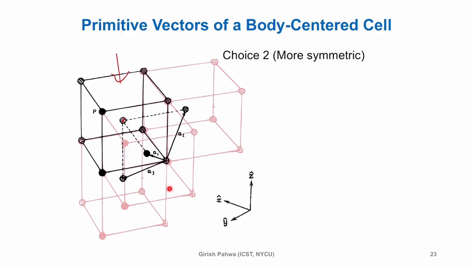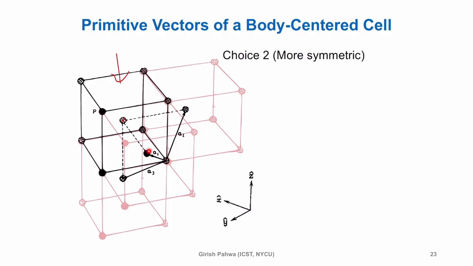This in front and on the side. Okay. Now from this point I can connect the body center of all of these neighbors. They will also form a primitive set. So from this, the center of this front cell will be here.